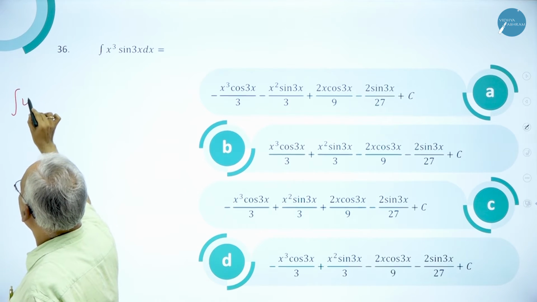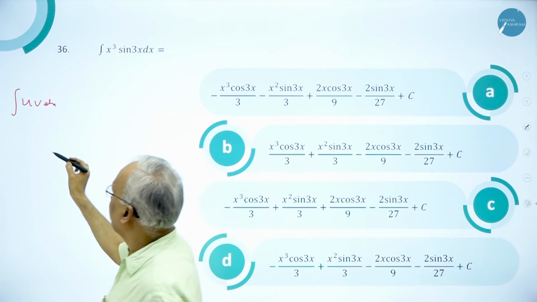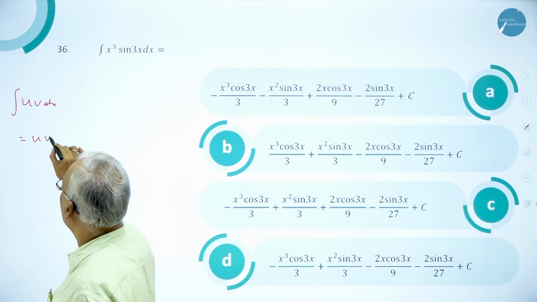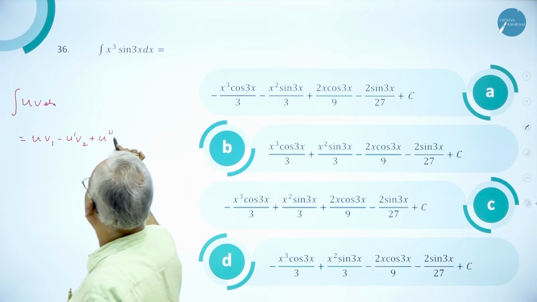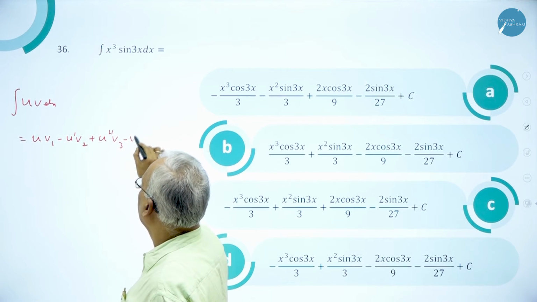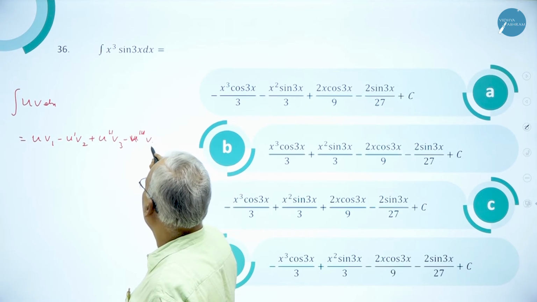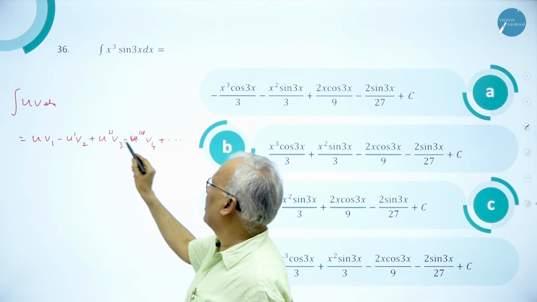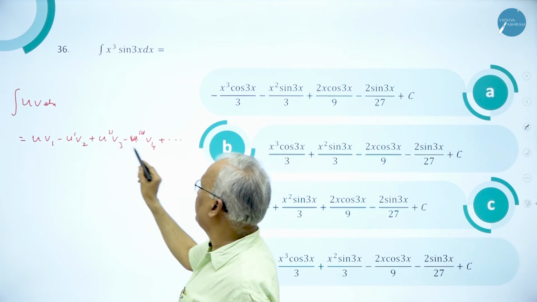Integral of u into v into dx, very, very interesting rule, is equal to u into v1 minus u dash into v2 plus u double dash into v3 minus u triple dash into v4 plus minus etc. Here u dash, u double dash, u triple dash stand for successive derivatives, and v1, v2, v3, v4 etc.